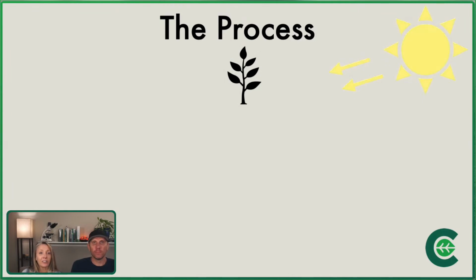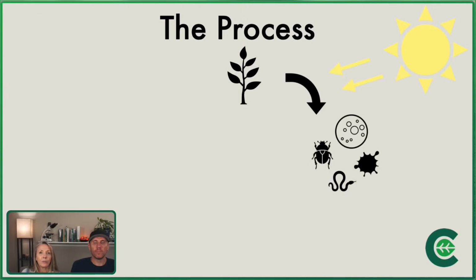So the process looks like this: you've got a plant, you've got sunlight, the energy's coming into your plant's photosynthesizing and making energy and putting that energy down into the soil, pushing out root exudates specific to what it needs, so stimulating your microbes in the soil to go sequester and get what they need, and in that cycle they'll feed it back to your plants. It'll become available.